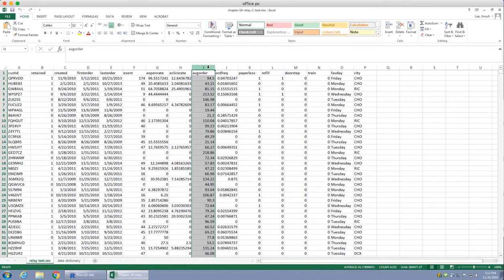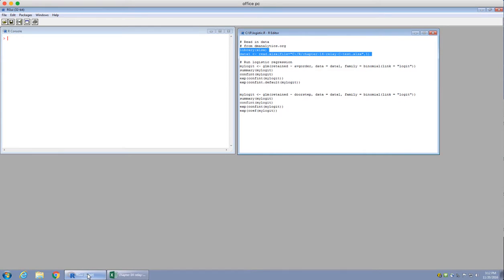The first is average order, meaning the average order amount in dollars that the customer has placed. The second is doorstep, meaning whether the customer has used the doorstep delivery service for their orders.